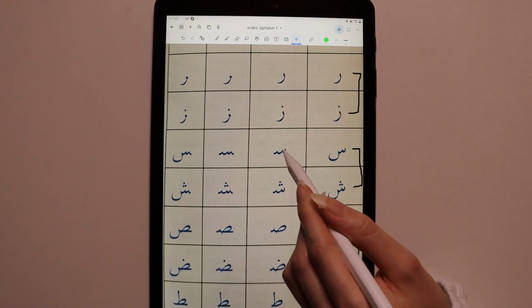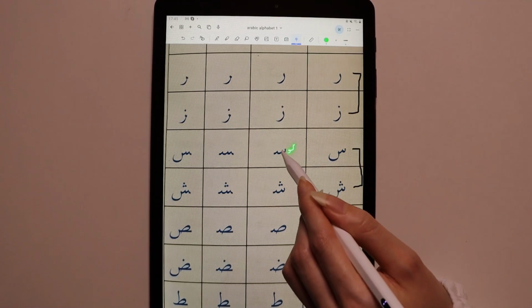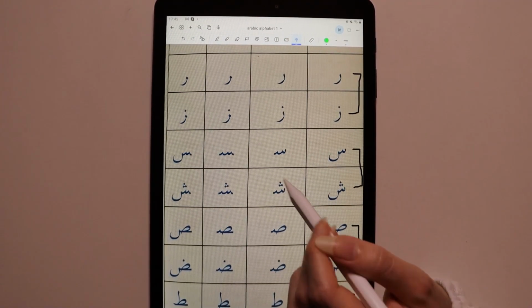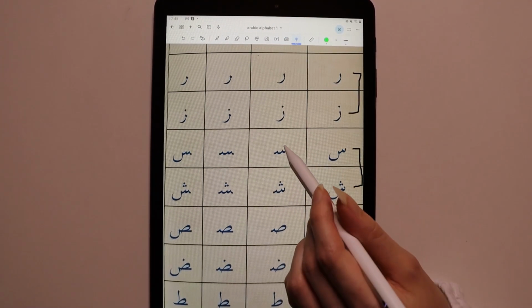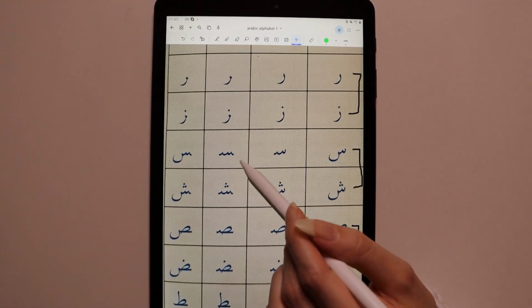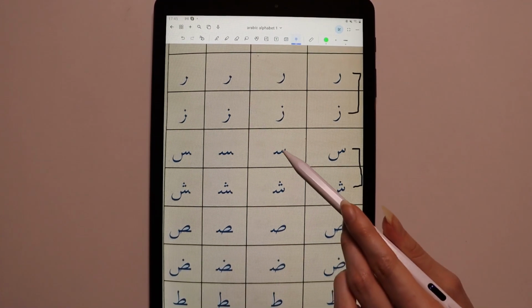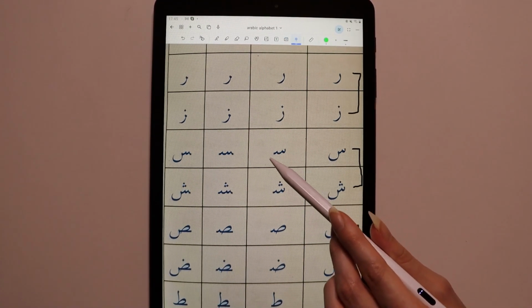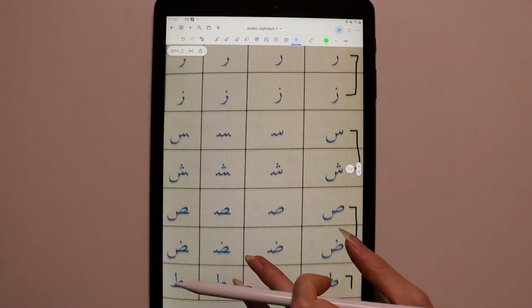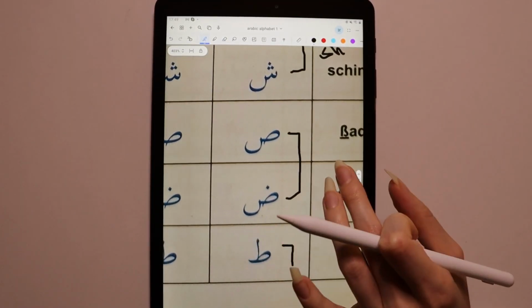The number 3, but lying down. This is how I remember this letter when I first learned it. The beginning form and the middle form almost look the same, but the middle form is connected both ways, and the beginning form again just to one side. So seen and sheen.